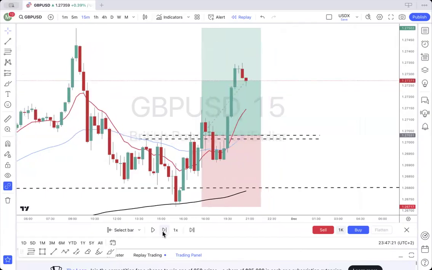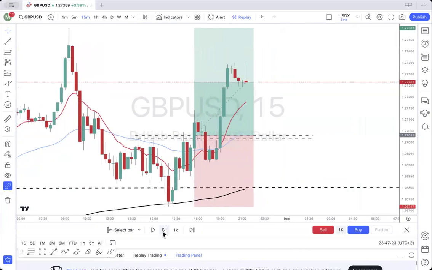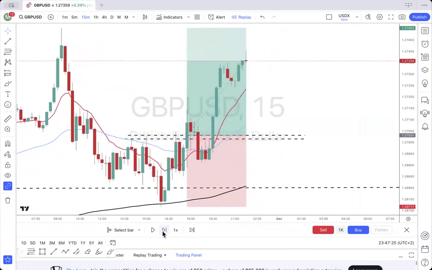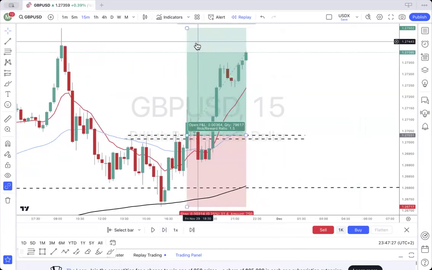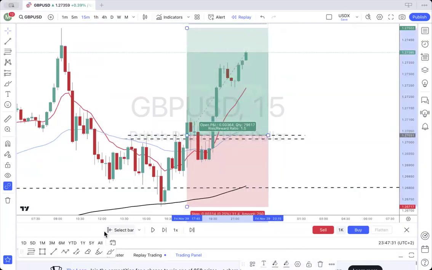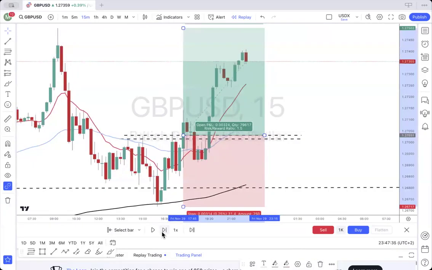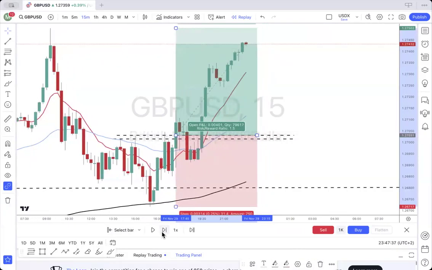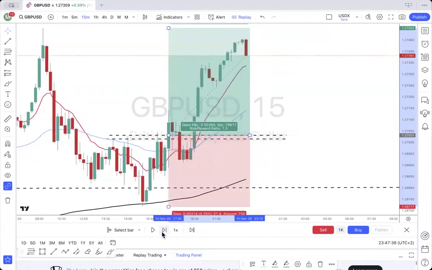So that's how easy it is for you to just get a win in the market just by getting the right entry. All right? Just by getting the right entry.